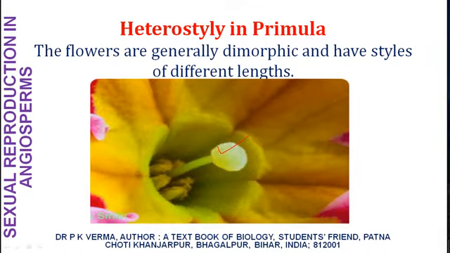Only the male and female sex organs have been shown. It is the stigma projecting out of the flower. And where are the anthers? These are the 5 anthers deeper in the flower. So here also entomophily occurs. Insects carry the pollen grains and the chance of cross-pollination is higher than self-pollination.